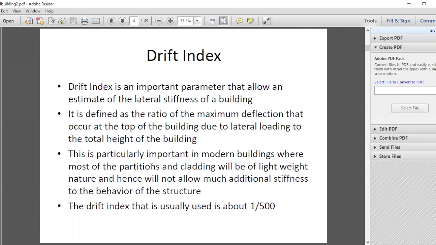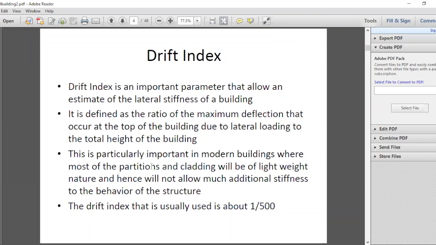So when you don't have permanent partitions, most of the partitions will be out of lightweight materials. So because of that, the contribution of partitions to the strength of the building is very minimum. It's very minimum.